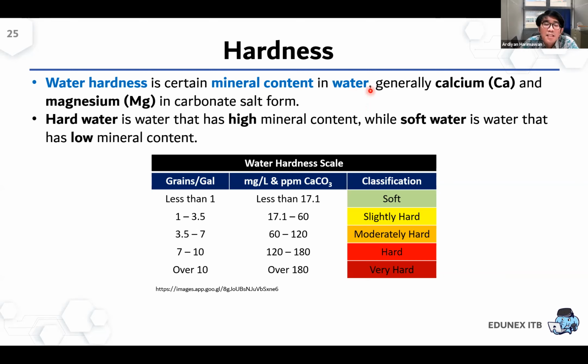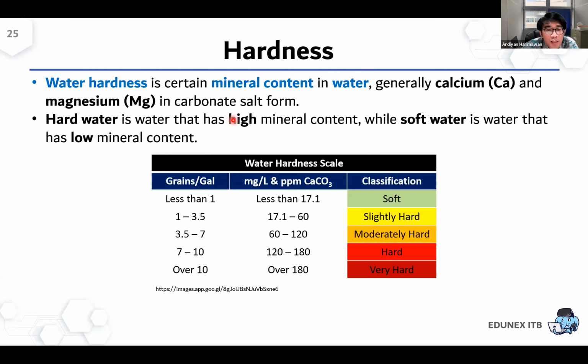Okay, yeah, that's correct. But normally when you deal with hard water in daily life, what will be the effect of hard water before it creates scales? Scale in operation is the main problem caused by water hardness.